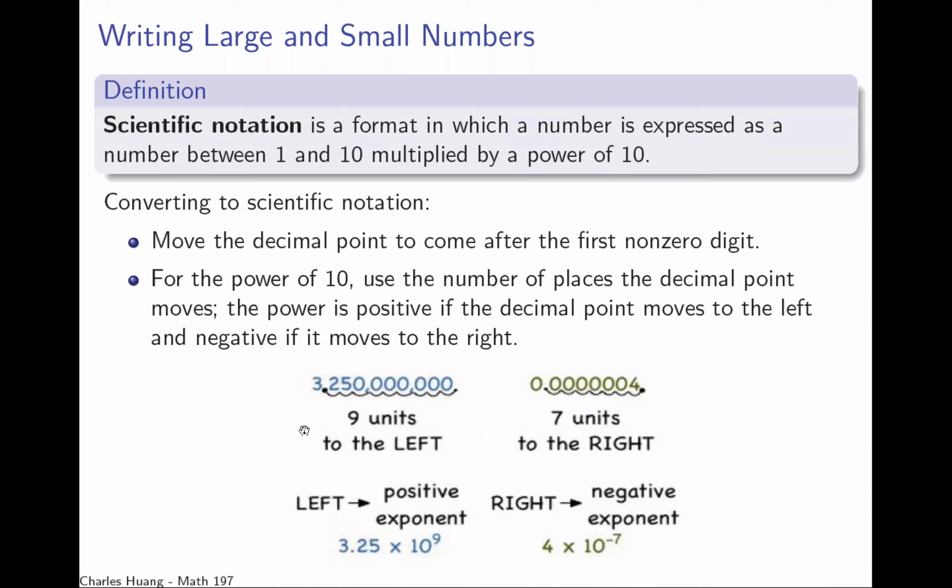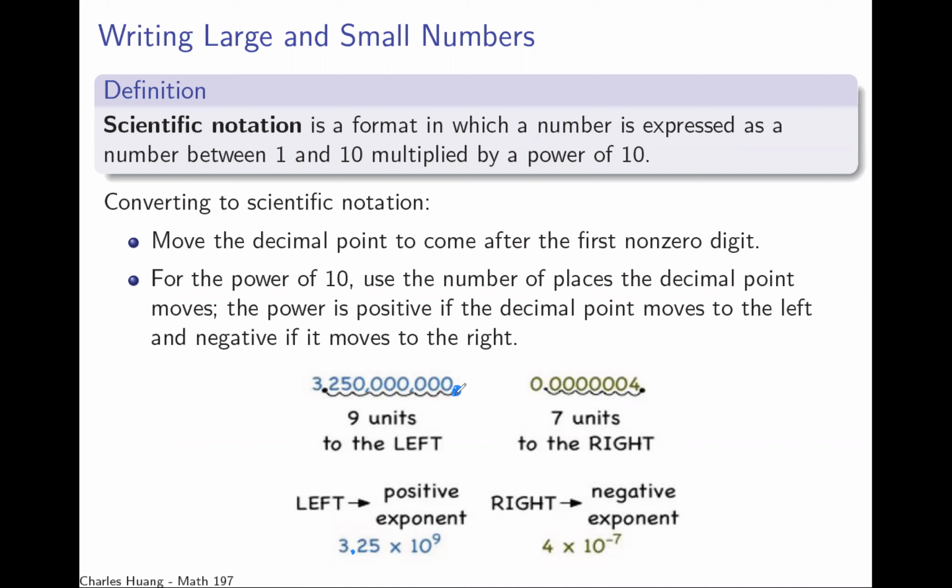In order to change from a decimal form to scientific notation, the easiest thing to do is to think about moving the decimal place. So for a regular number, our decimal place starts at the end over here. And the goal is to move the decimal place to come after the 3.